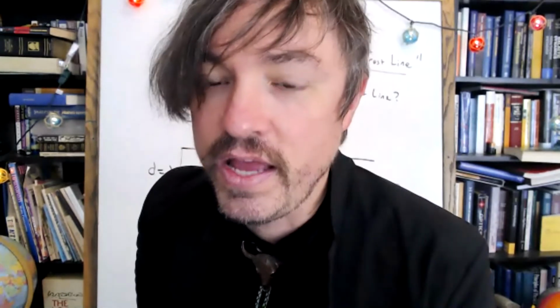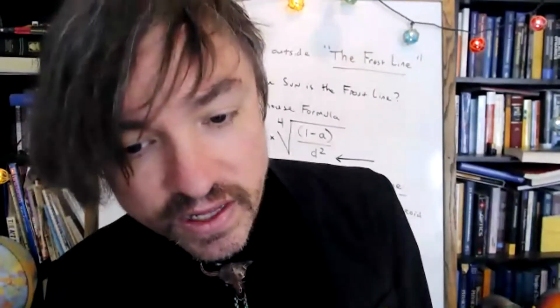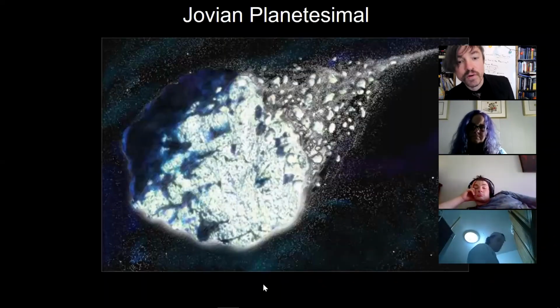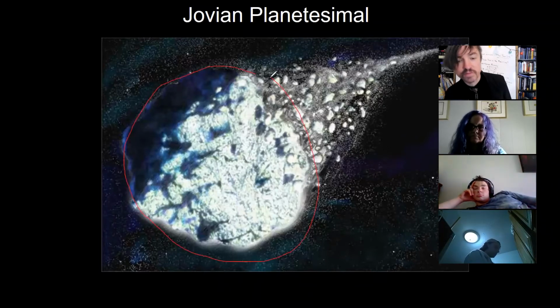Okay. Yep. In other words, there's twice as much ice as there is rock, and there's twice as much ice as there is metal. As a result, Jenna, you can form much larger planetesimals. You can form much larger seeds that begin to form planets.